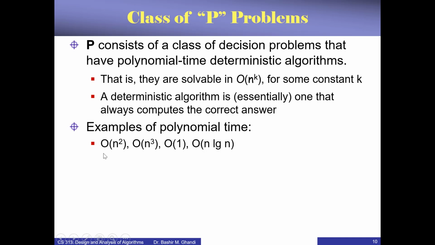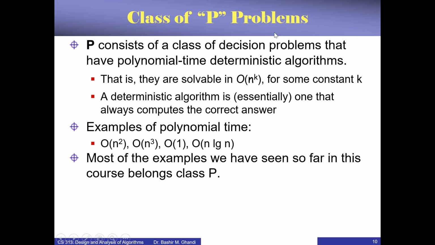If you have an algorithm that is big O of n squared, n cubed, big O of 1, n log n, n to the power 4, and so on, these are all polynomials, and therefore such an algorithm will be considered to belong to class P. As I said, most of the examples we have seen so far in this course belong to class P.